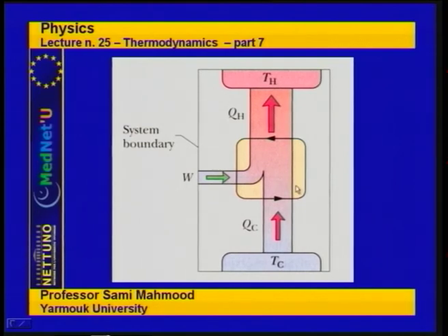And the working substance, which is like the gas in the refrigerator, goes through a cyclical process, starting from an initial state and going back to the same initial state. And this cyclical process is run by work that is supplied to the refrigerator by an external agent. So we use work to run this substance and to run these cycles.